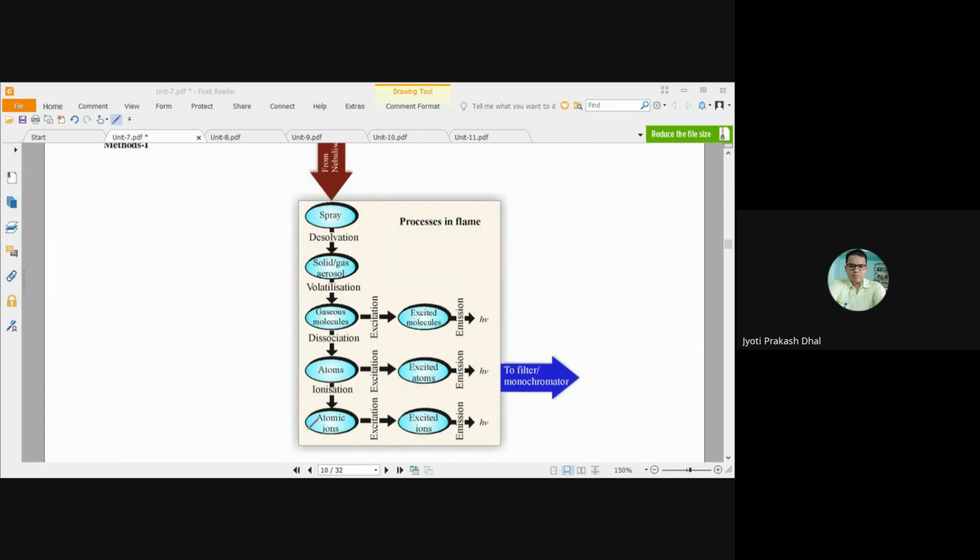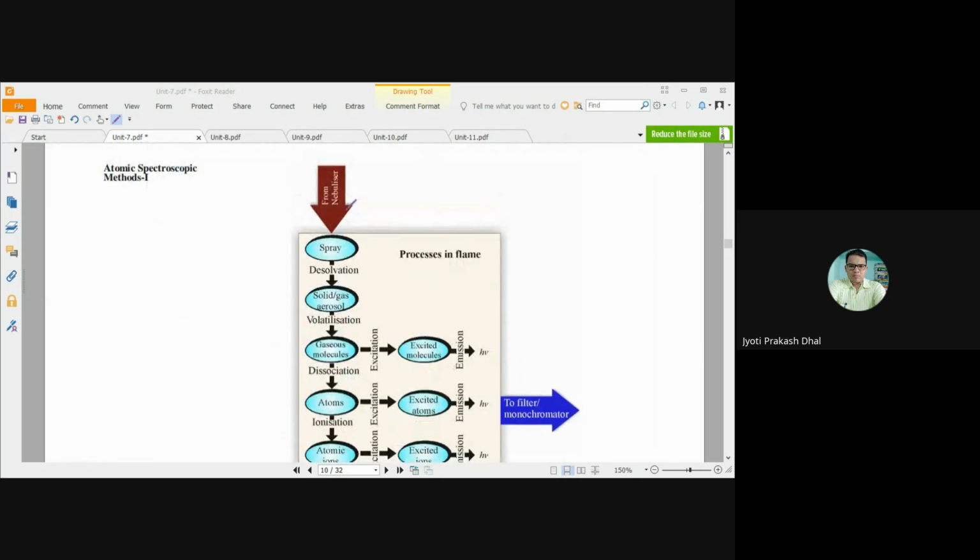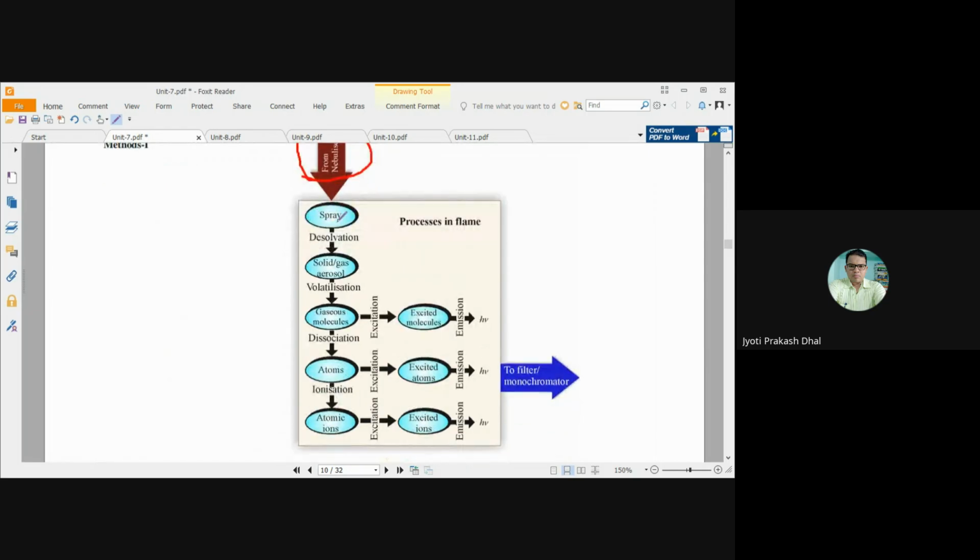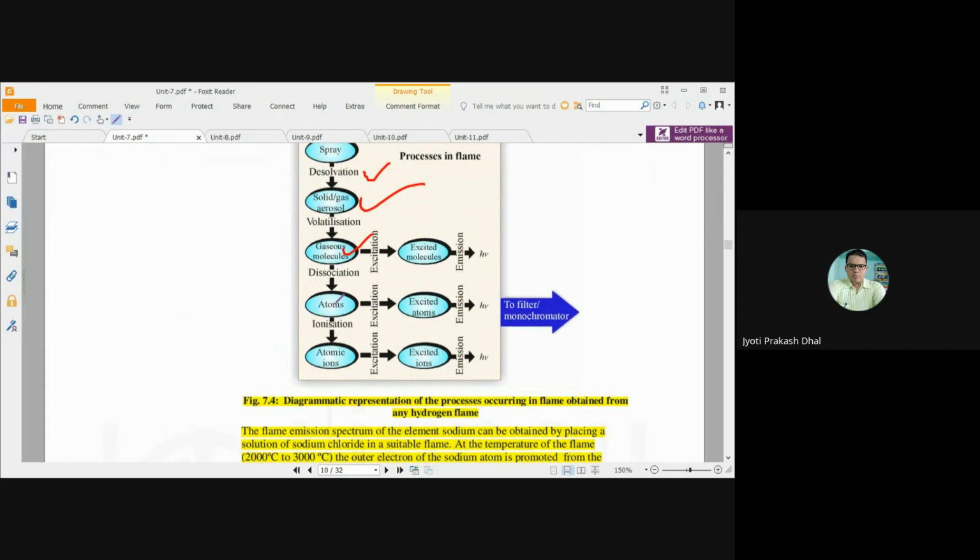First, from the nebulizer, the analyte solution will be sprayed into the flame, where first the solvent will undergo desolvation. After that, a solid gas or aerosol will form. They will undergo volatilization to form gaseous molecules. Then the molecules will undergo dissociation to form separated atoms, that is atomization.